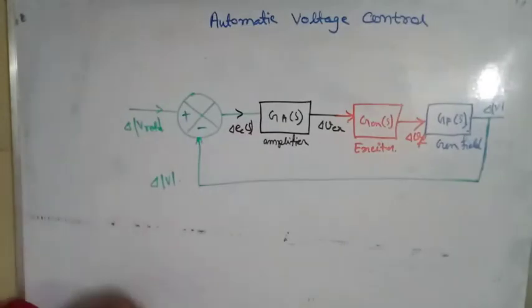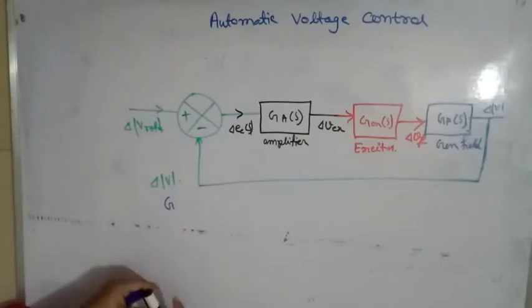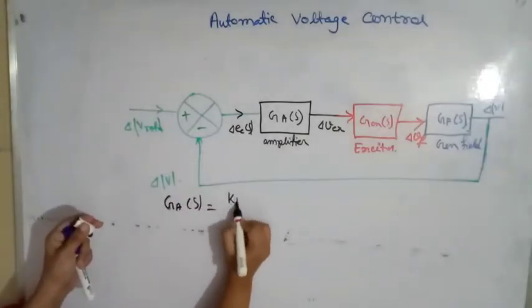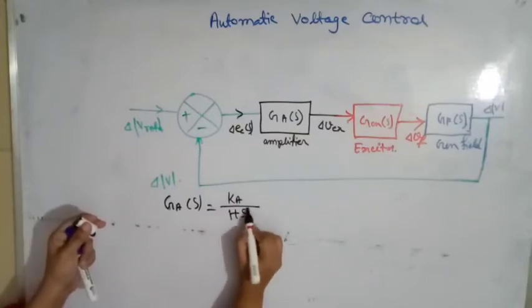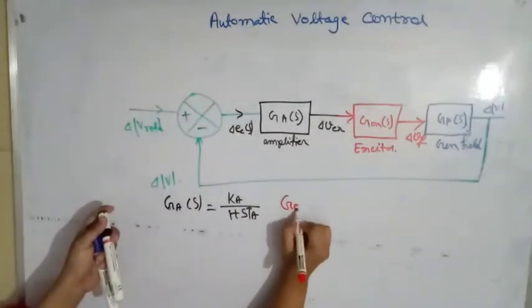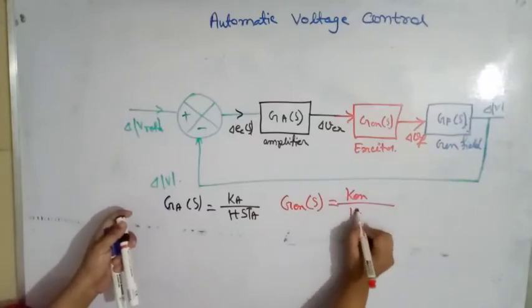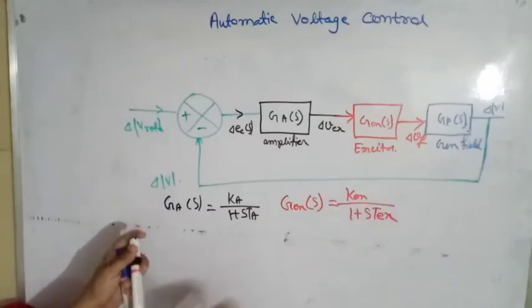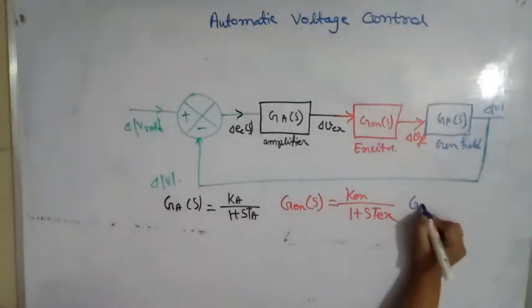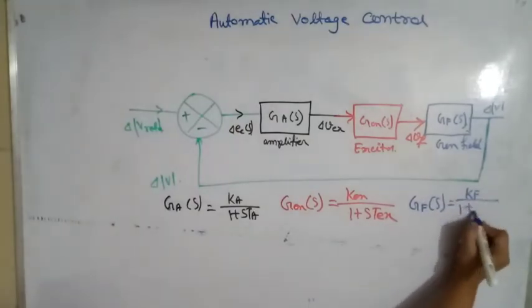The value of GA(s) equals KA by 1 plus s TA, the value of GEX is KEX by 1 plus s TEX, and the value of GF(s) is KF by 1 plus s TF.